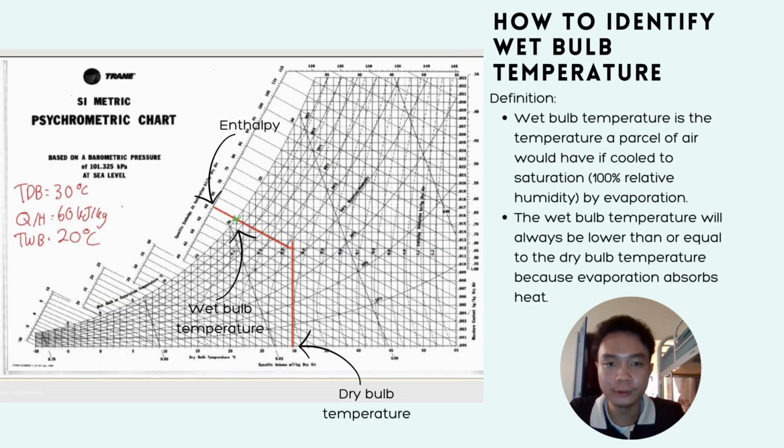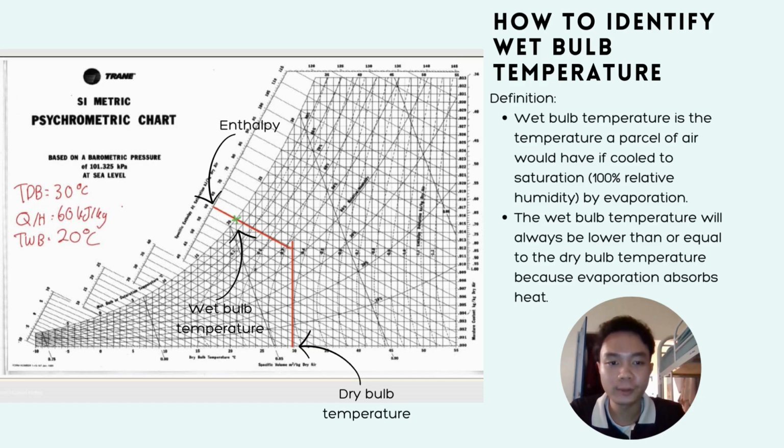Now let's move to how to identify wet bulb temperature. Before we can identify wet bulb temperature, we need to know the definition. The wet bulb temperature is the temperature a parcel of air would have if cooled to saturation, approximately 100% relative humidity, by evaporation.